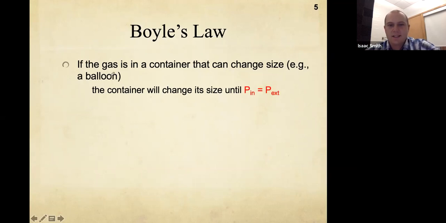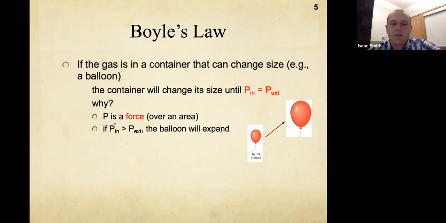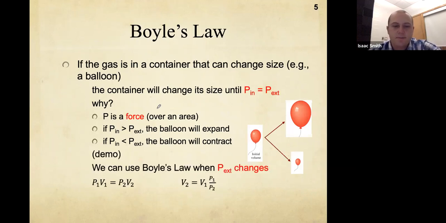Okay, if the gas is in a container that can change size, for example, a balloon, the container will change its size until the inside pressure equals the external pressure. So this is just an interesting idea, but pressure is a force over a certain area. So if the pressure inside the balloon is greater than the pressure outside, it's going to be moving out, expanding. If the pressure on the outside is bigger, then it's going to be pushing down on the balloon, and so the balloon would shrink, okay?